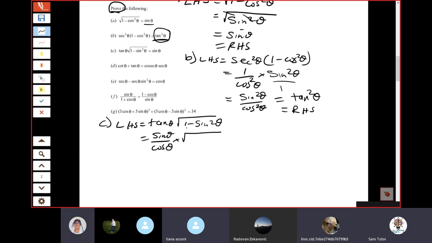Square root, 1 minus sine squared. What does 1 minus sine squared become? That becomes cos squared. And then, as you were saying, the square and the root cancel out, and you're left with cos theta only. Then cos theta on the top, cos theta on the bottom. What are you left with? Sine theta. And what were you meant to have? Sine theta. Equals RHS. Great work. You're doing well.